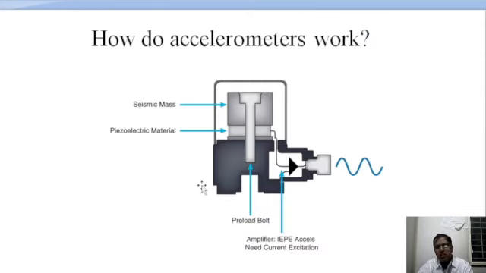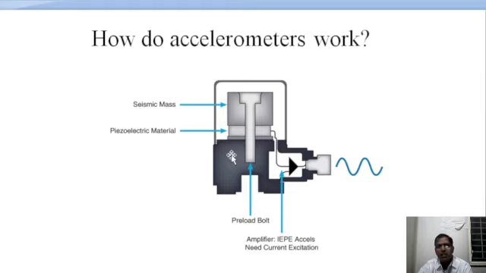So if you see the construction of accelerometers, then this accelerometer is an example of a damped single degree of freedom system, in which there is a mass, a stiffness element, and a damping element, and it has its own damped natural frequency.